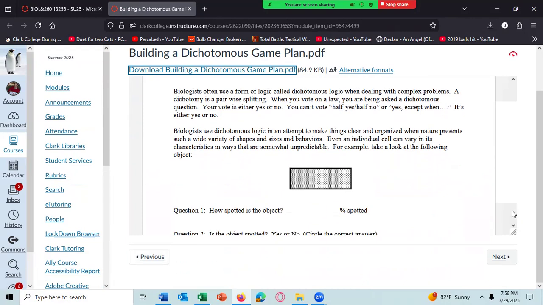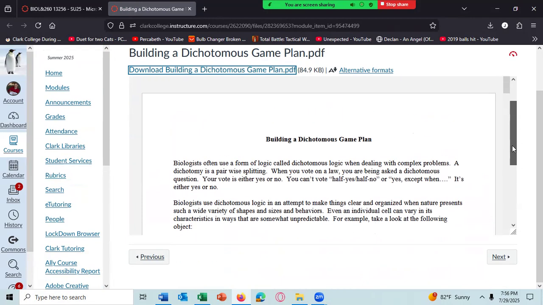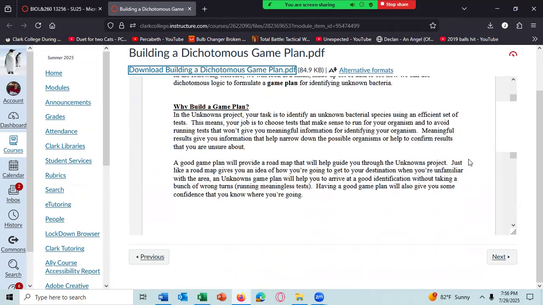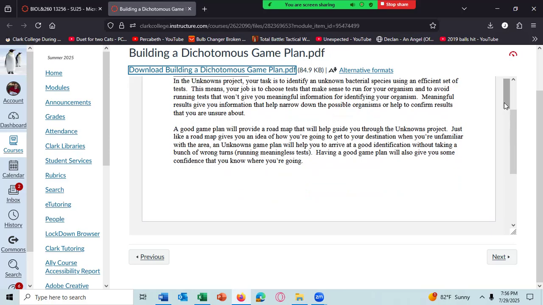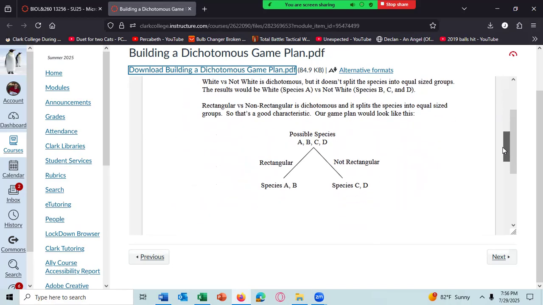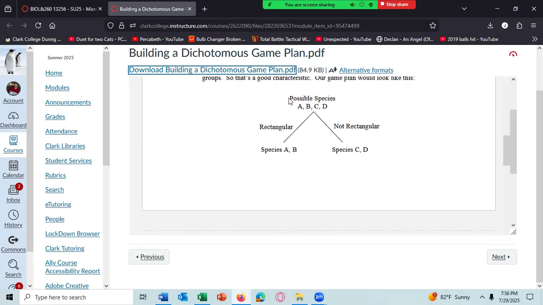And this will go through using dichotomous logic. If you want further examples on dichotomous logic, why you should be using it, and rules for using it. And then here we have 4 possible species.